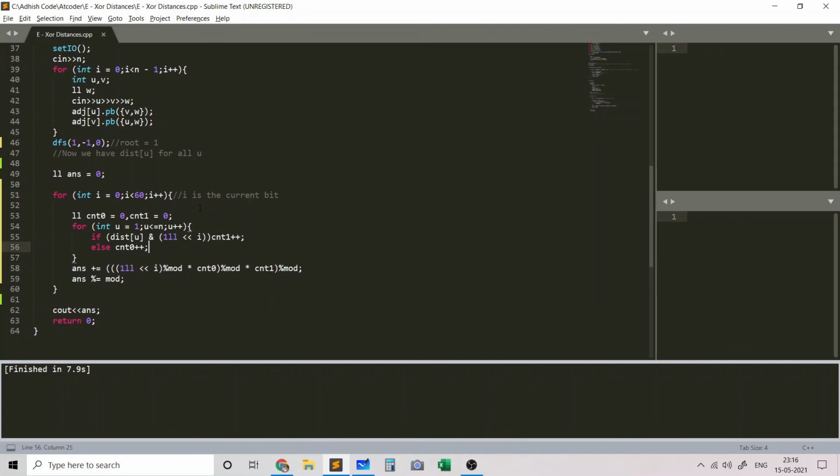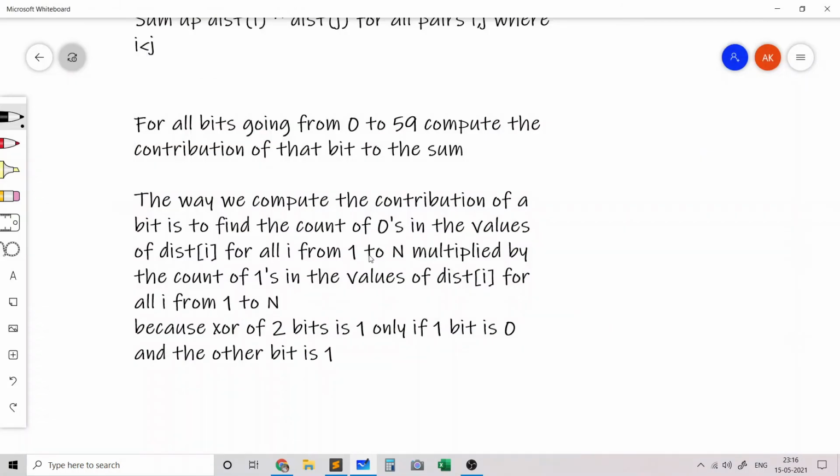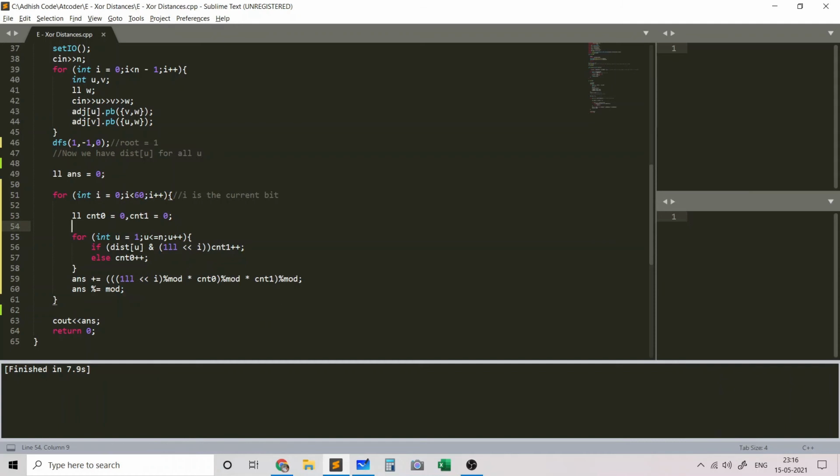And then I initialize count 0 and count 1 to be the number of zeros and the number of ones in the distance of i. So if the ith bit is set in distance of u, then increment count 1, where count 1 is the number of set bits of the ith bit, and otherwise you would increment count 0.